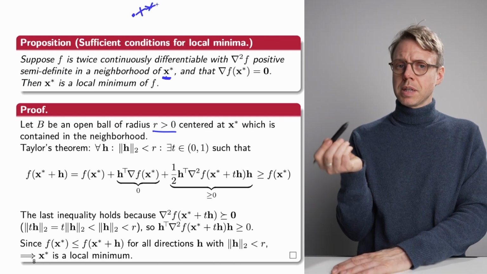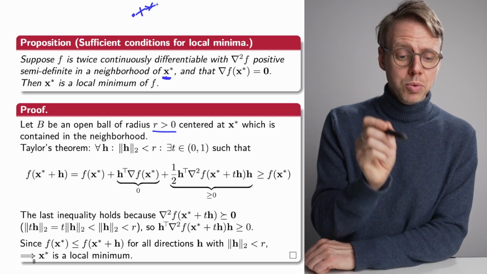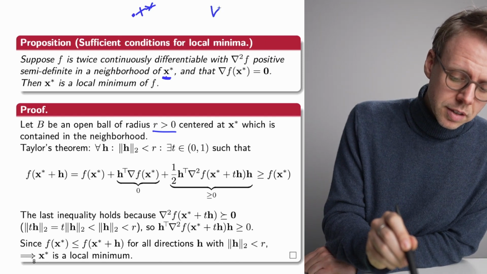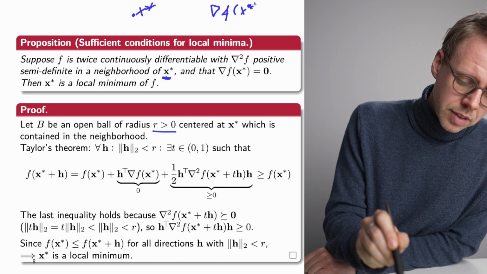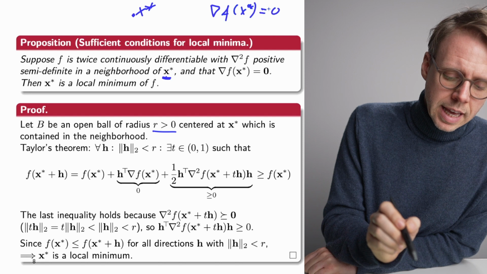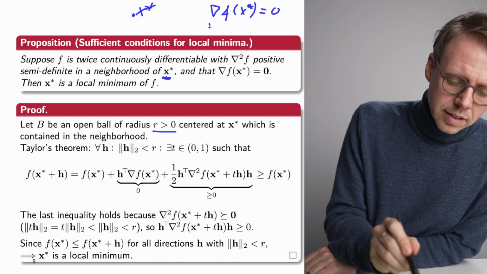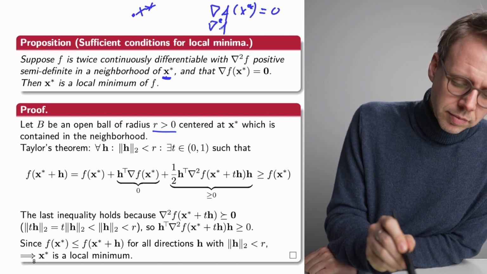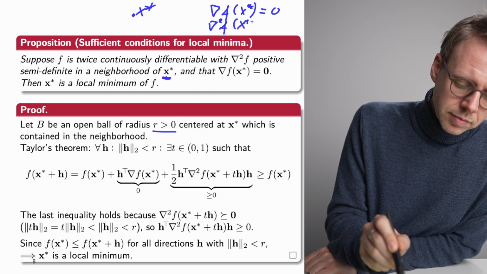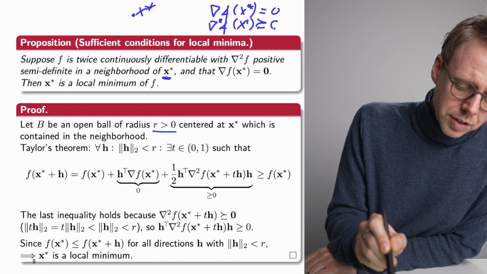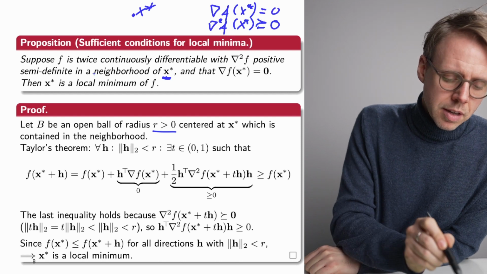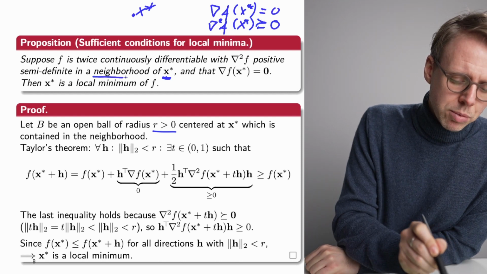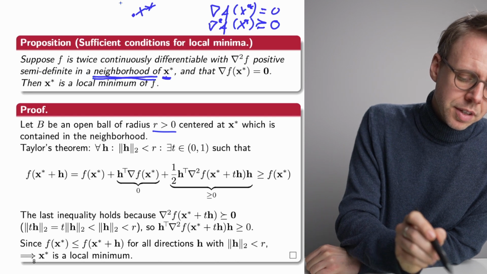We don't know whether that's a minimum or not, but we do know that the gradient of f at point x star is 0, and that the Hessian is positive semi-definite. But not only at this point x star, but also in a neighborhood around x star.